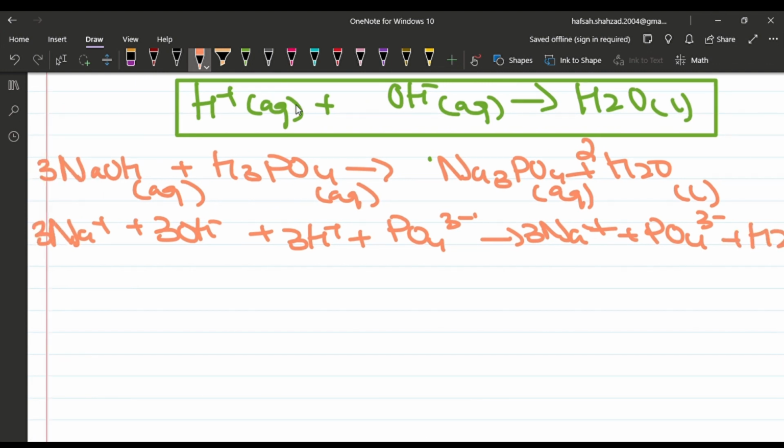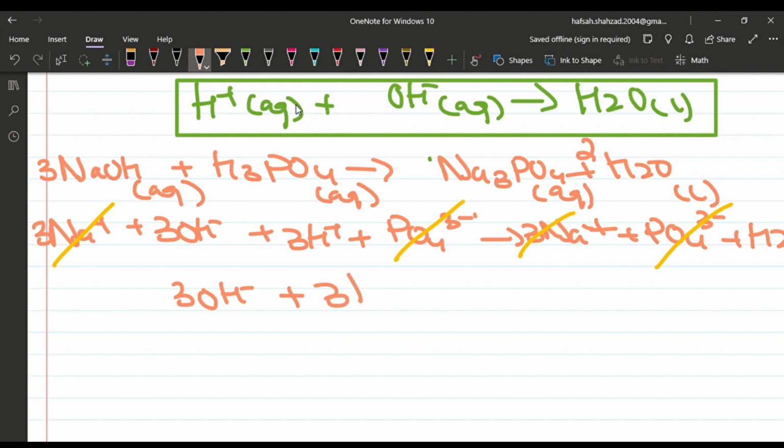Spectator ions are sodium and phosphate. Cancel them out, sodium, phosphate and phosphate cancelled.